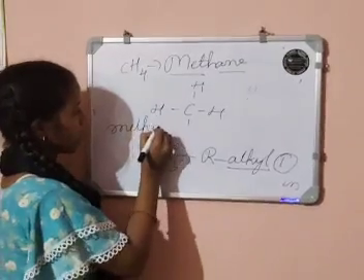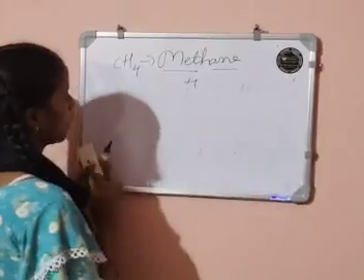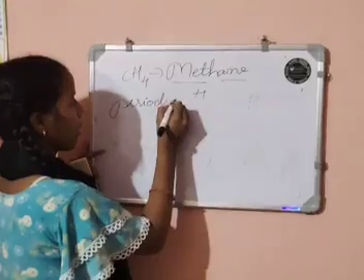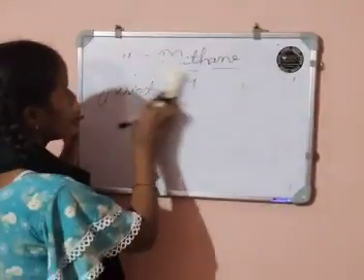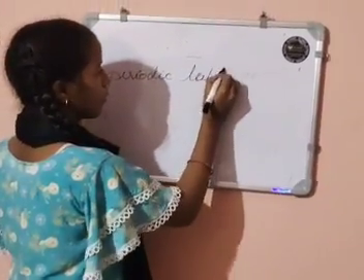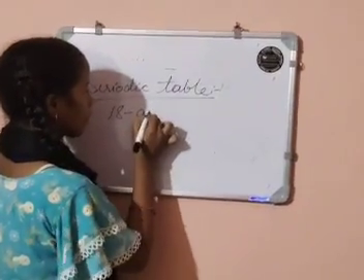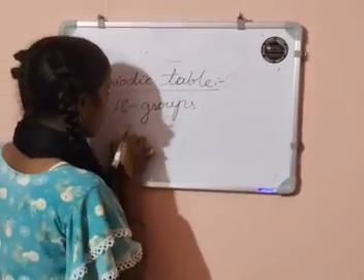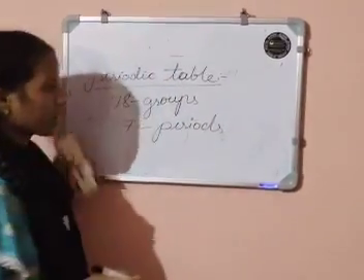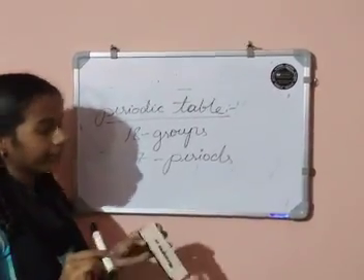Then it will replace methyl. I will write properly. In the periodic table we have 18 groups and 7 periods. In these 18 groups and 7 periods, we have to mix the elements.